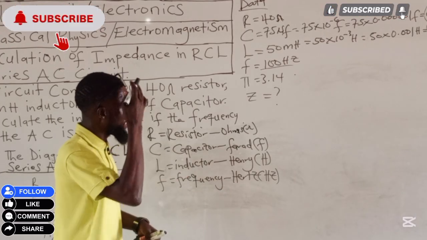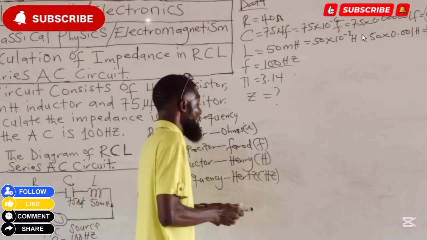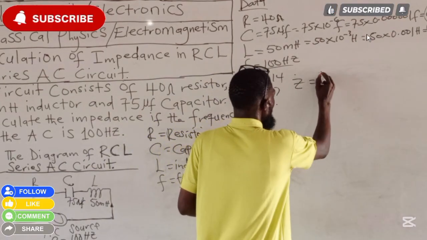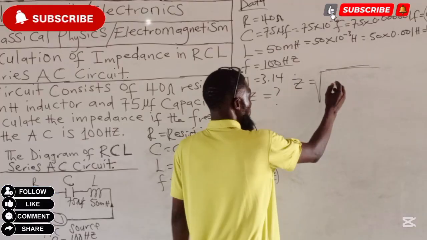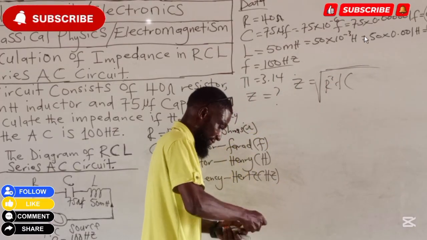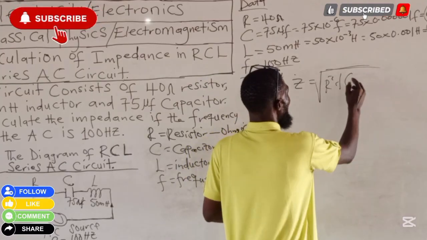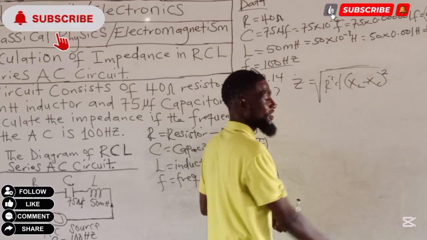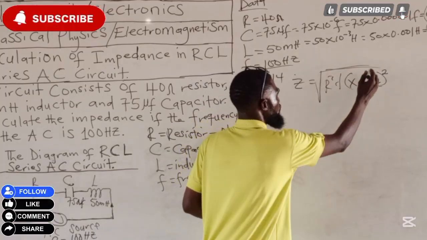Based on our problem today, we have our formula. And our formula says the impedance, which is Z, will be equal to the square root of R squared plus (XL minus XC) all raised to the power 2.